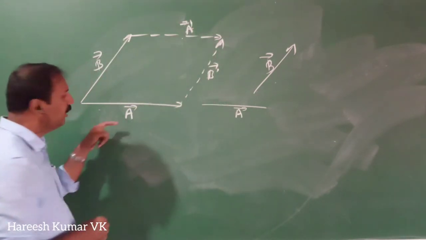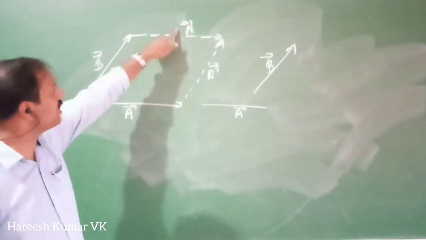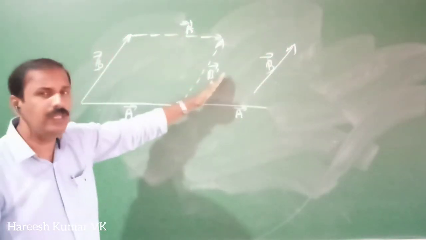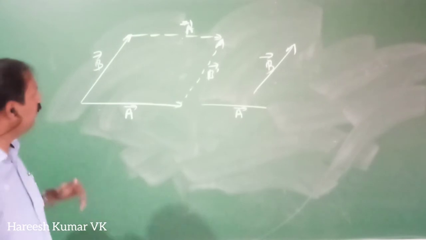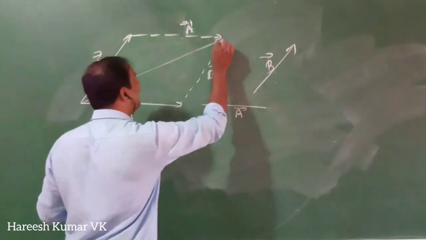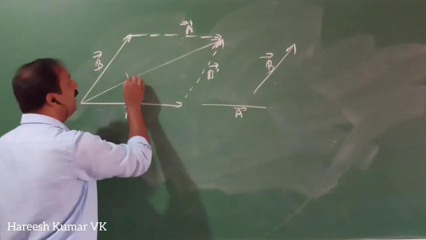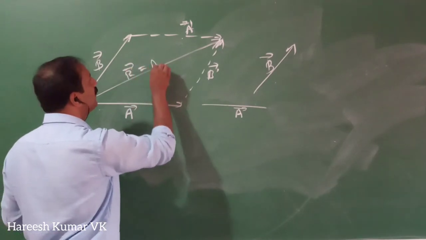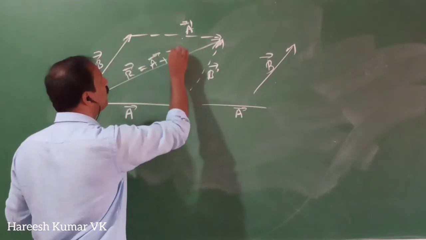Now if you take the diagonal, this diagonal will be R, which is equal to A plus B.